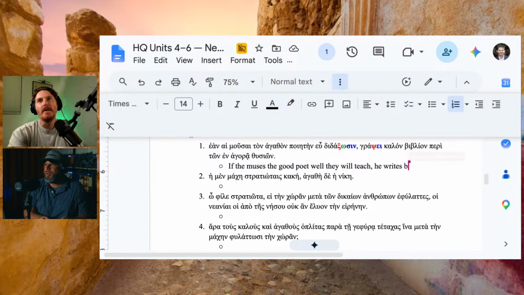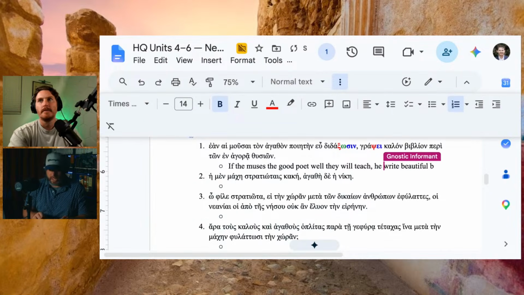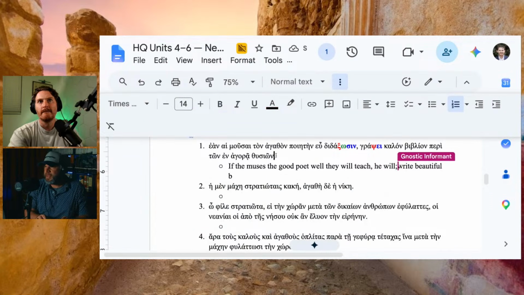If we're just going word for word, this is originally "graphei," but what turned it into "grapsei," he will write? It's a future sigma. Good catch. He will write beautiful books, or "biblion" would be a singular book.